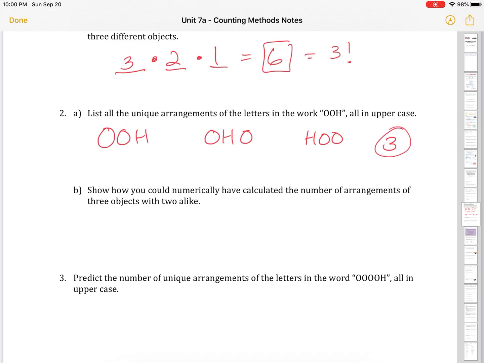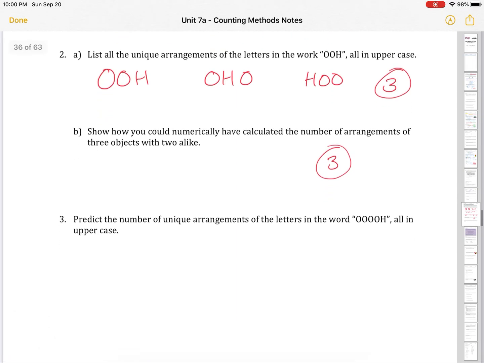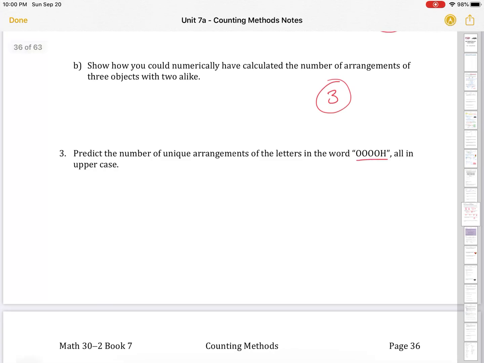However, it's small enough that we can map that out. Now, there is a method to doing it when there's duplicated letters, and we're going to see that in the next one. So let's look at the next one to show what we can do.